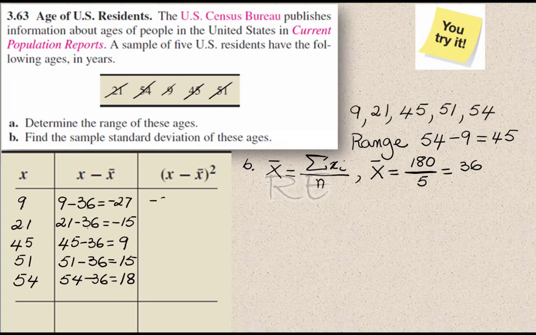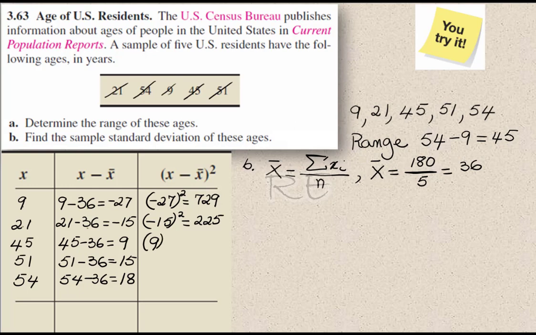The next step will be to square each one of them. Negative 27 squared, which is equal to 729. Negative 15 squared, 225.